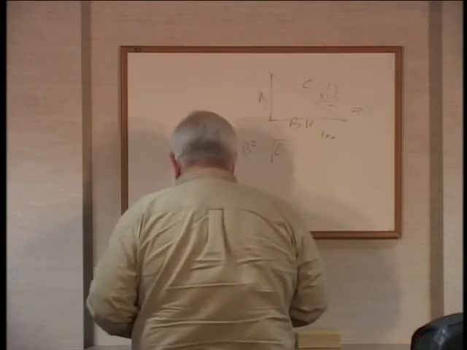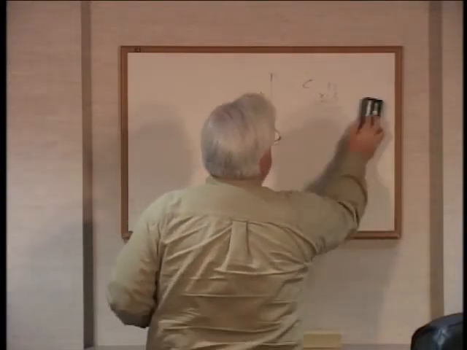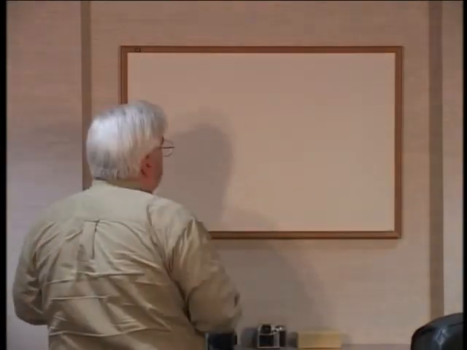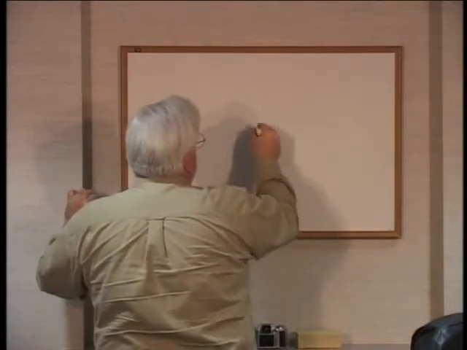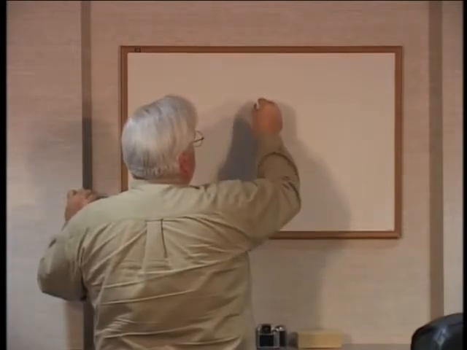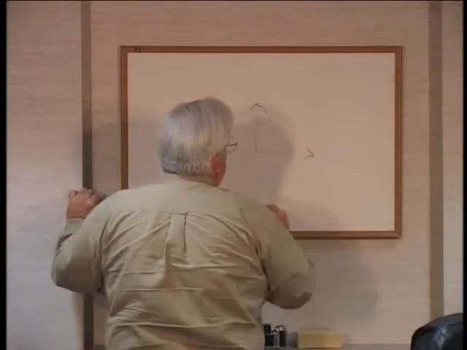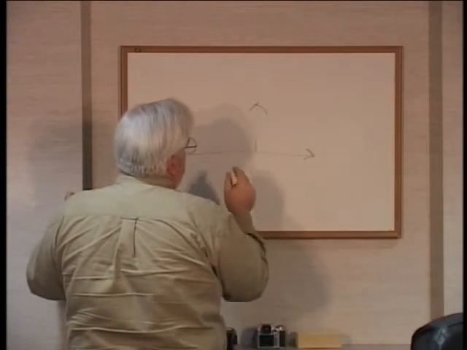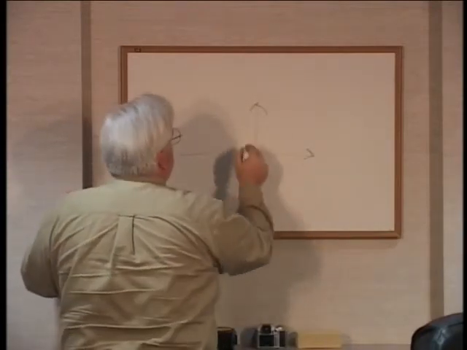Now, why do I care about the rise? Simple. When I'm doing siding, I need to get that gable end. How do I get that gable end? Pretty simple. If I know the rise, and I'm trying to get the siding on both sides, and I know what the span is, I can take the span times the rise, and I know what the square footage is for both sides of that roof.